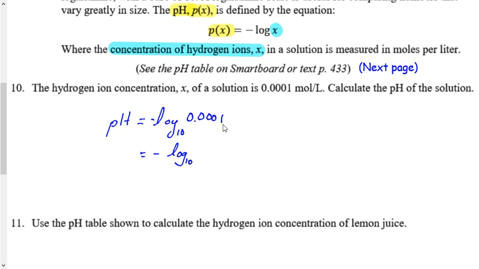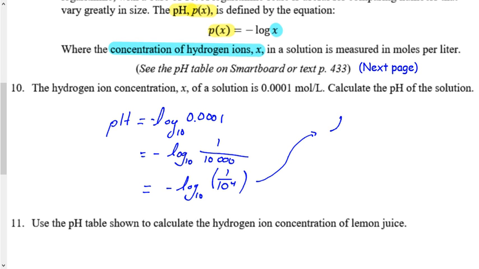So this is 1 over 10,000, which is the same as negative log base 10 of 1 over 10 to the 1, 2, 3, 4. Yep, 1 over 10 to the fourth, which again is the same as negative log base 10 of 10 to the negative 4.